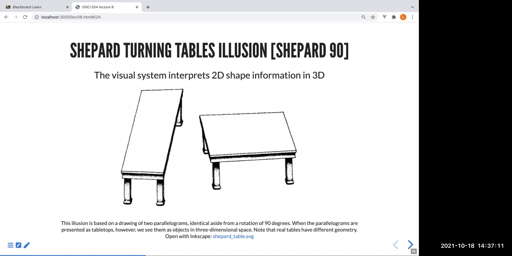This is another famous one called the Shepard turning table illusion. I played around with it, you can open it and play with it. But basically what is happening is that this surface is exactly the same as this one.